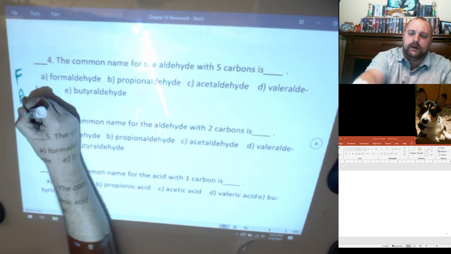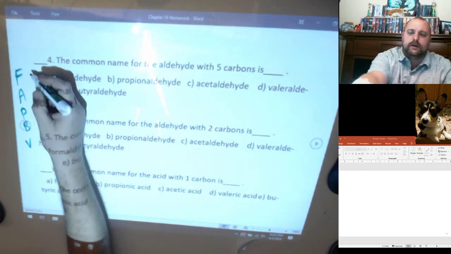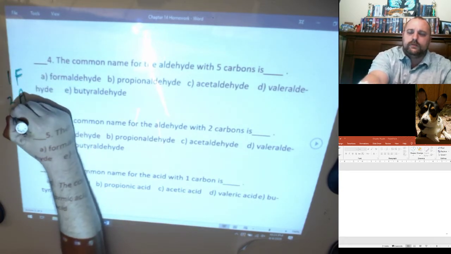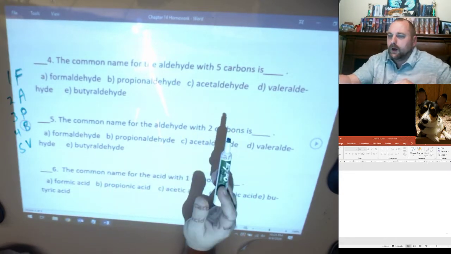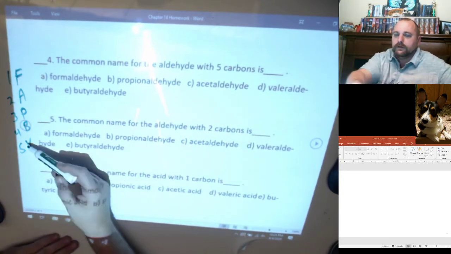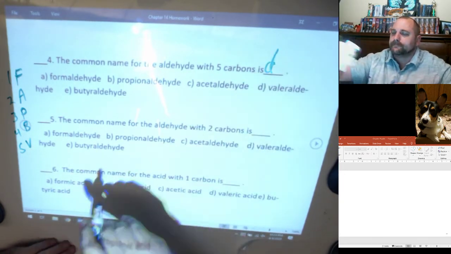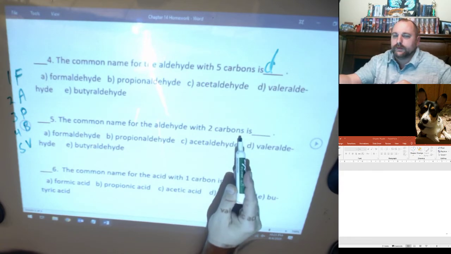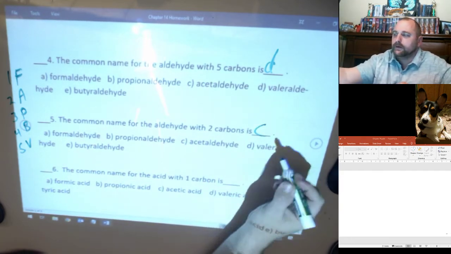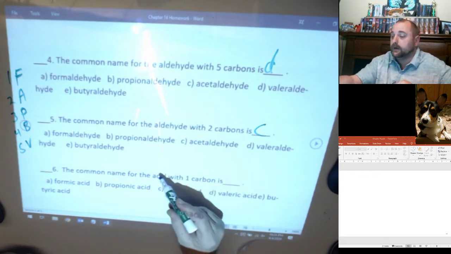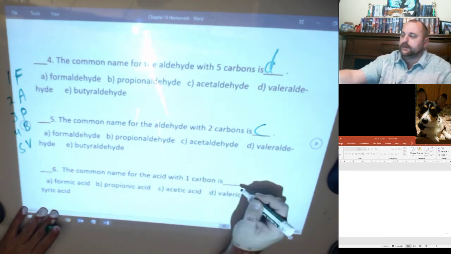F, A, P, B, V. 1, 2, 3, 4, 5. Alright. 5 carbons. Looks like a V. 5 is valeraldehyde. That is D. 2 carbons. That's acetaldehyde. There's C. Alright, would have been acetic acid. 1 carbon, that was formaldehyde, but here it's formic acid.